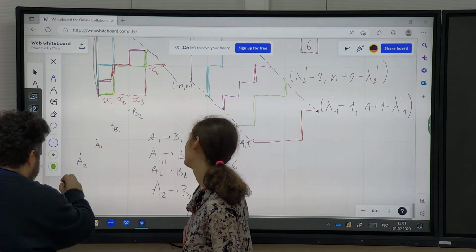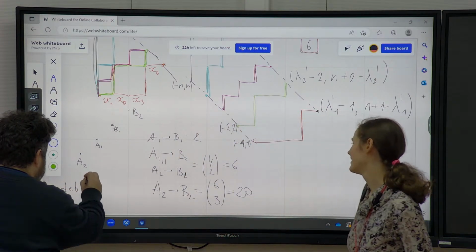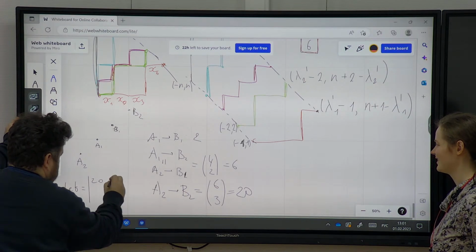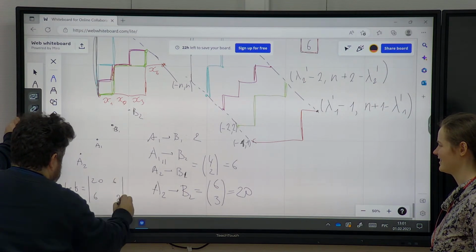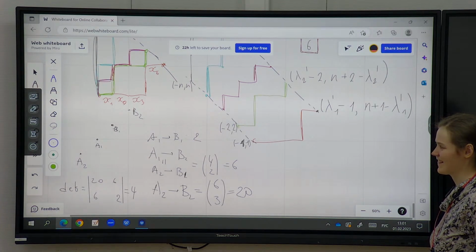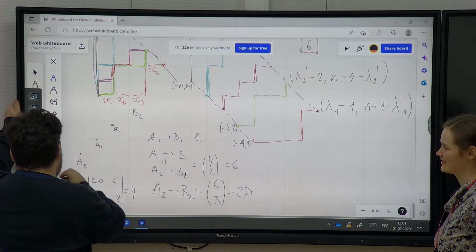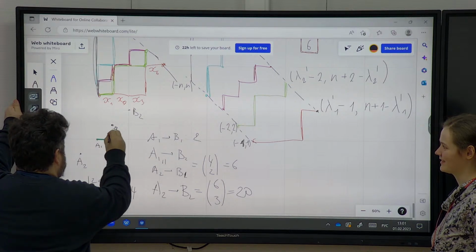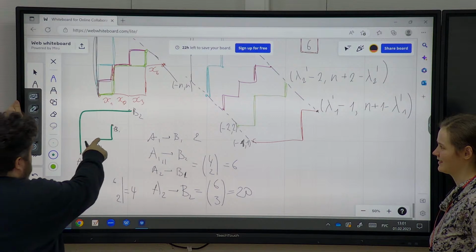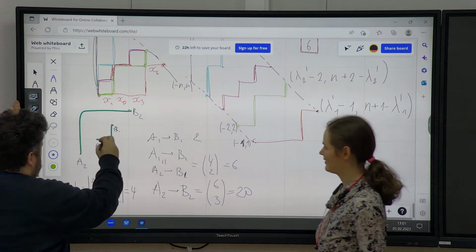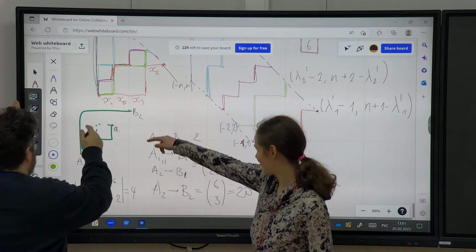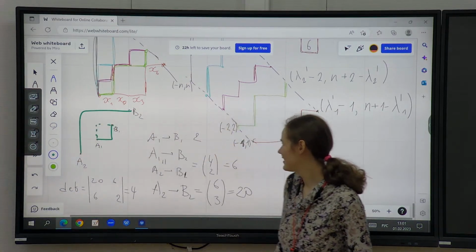So the determinant is 2, 2, 6, 6. This is 4, and this is the wrong number because there are several non-crossing paths, like this one, or maybe this one, and there are six pairs of paths, right?